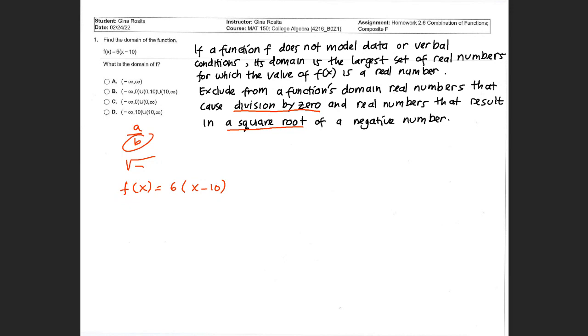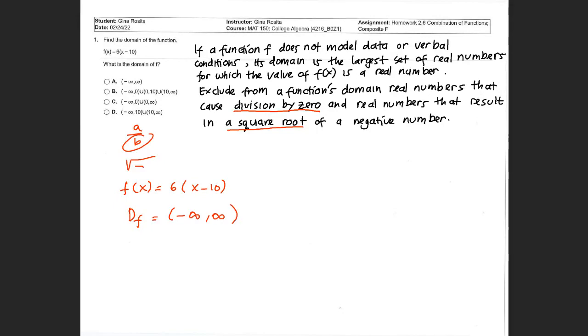It contains neither division nor a square root, so for every real number x the algebraic expression 6 times the quantity x minus 10 is a real number. Therefore, the domain of f is the set of all real numbers, because there is no fraction and no square root. So the domain of f is negative infinity to infinity.